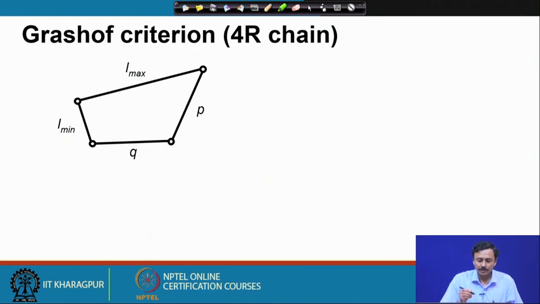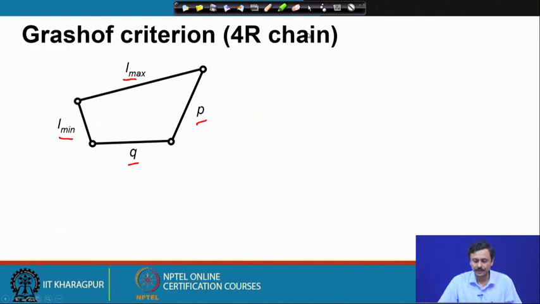Here I have shown a 4R chain and I have given lengths of these links. I call one of them L min, another L max, and the other two, which are intermediate, I name P and Q.